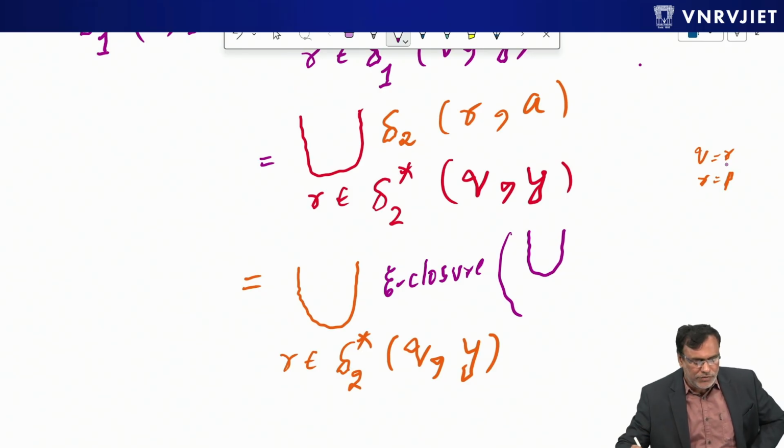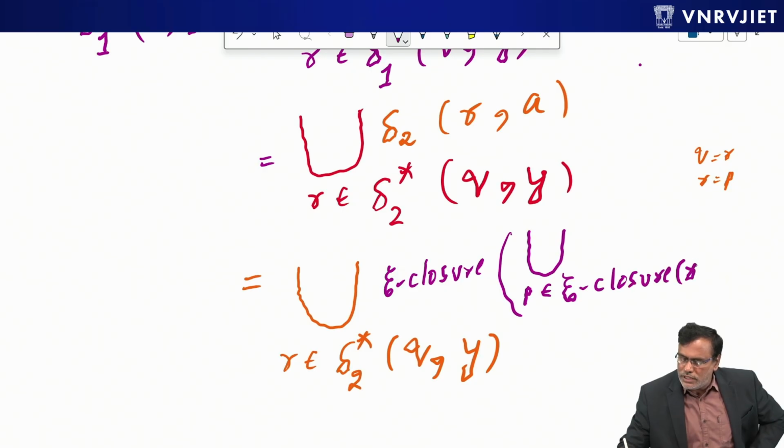So as per that, you are going to get P belongs to epsilon closure of R, delta 2 of RA. Here for delta 2 you are writing, there you have delta.